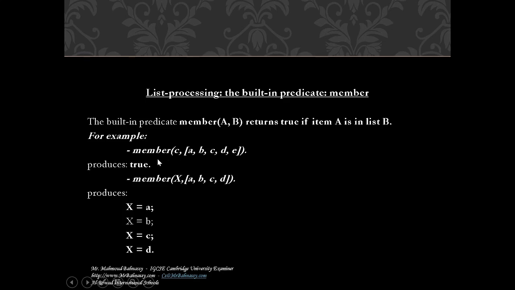If it's not, it returns false. But if we provided here X, like a variable, what would be the result? The result might be A, it might be B, it might be C or D. That's why X might be equal to all of this. I'm gonna leave you the chance to do it practically on SWI.